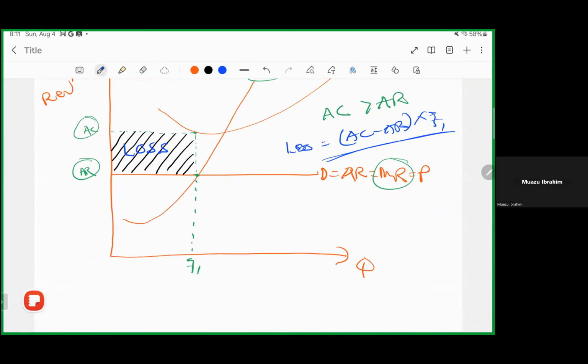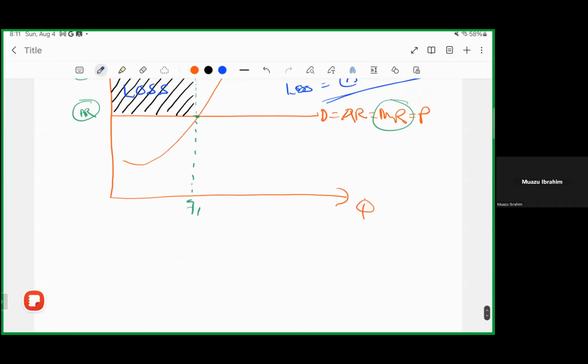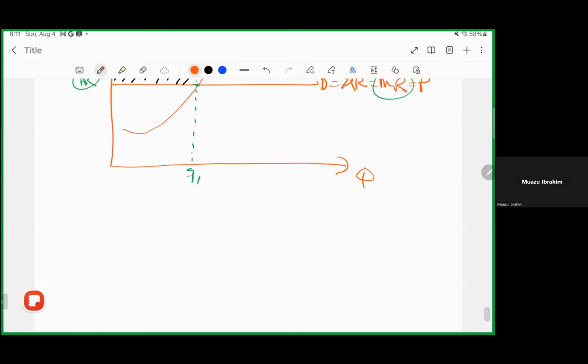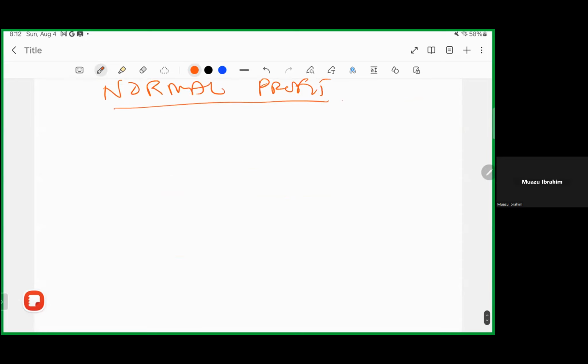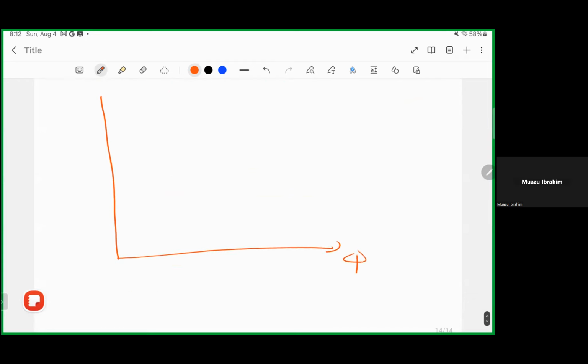Now, let's look at a situation where these firms make normal profit. So we have quantity here.